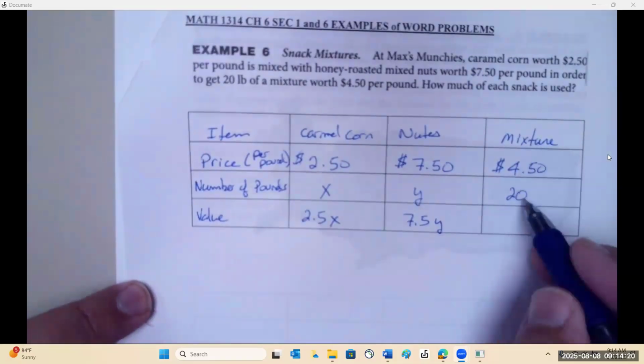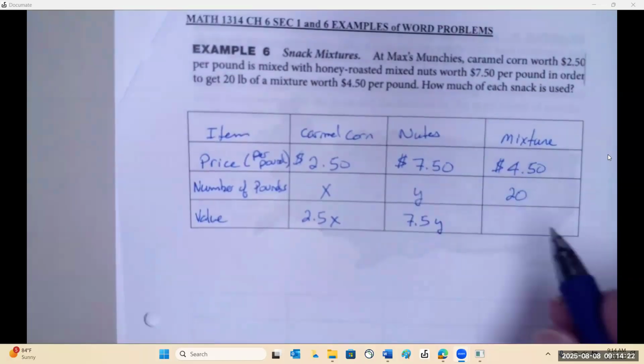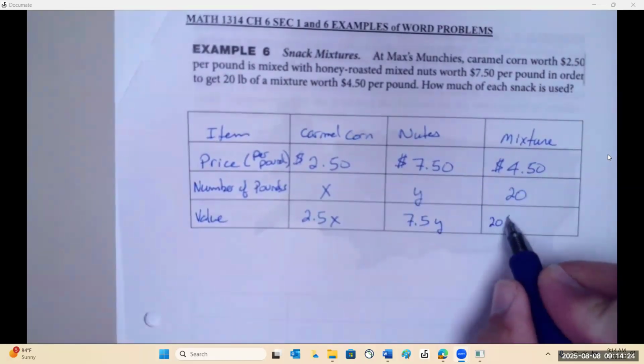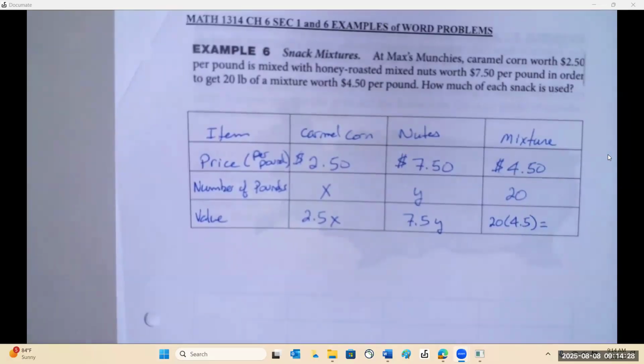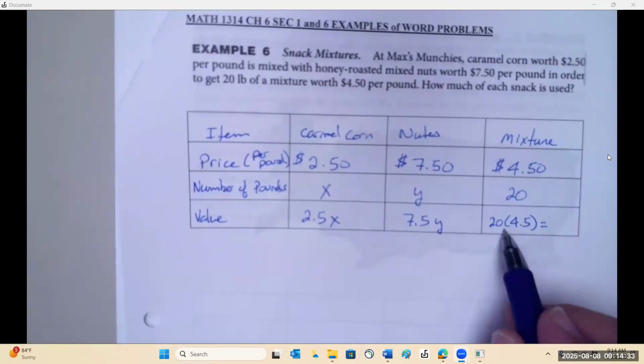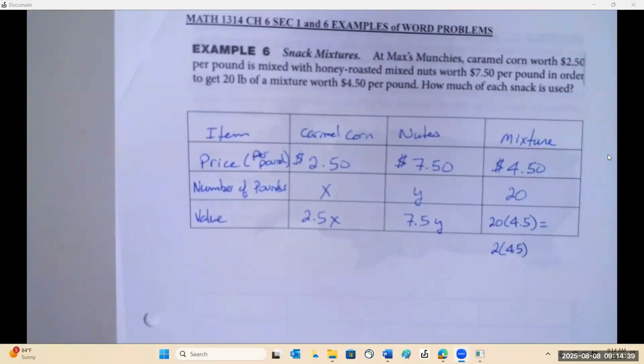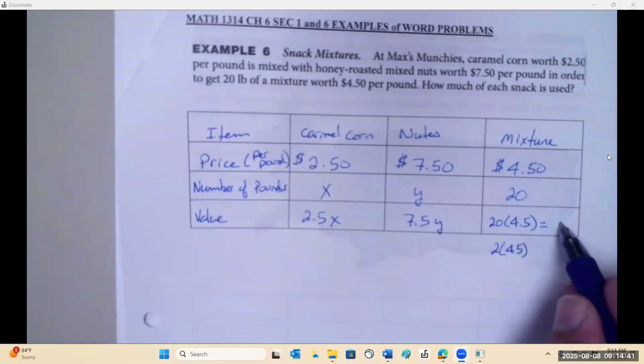How much is the mixture? We have 20 times 4.5, which is how much? Since there's a 0 after the 20, we move the decimal over, so it's the same as 2 times 45. What is 2 times 45? 90.